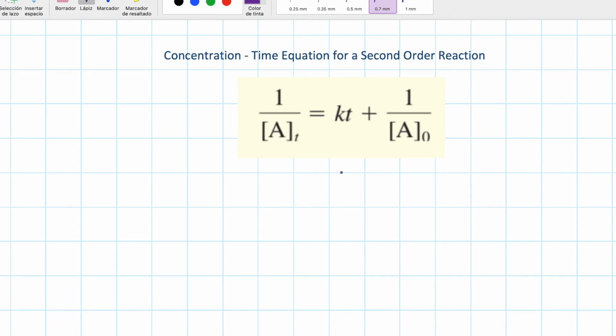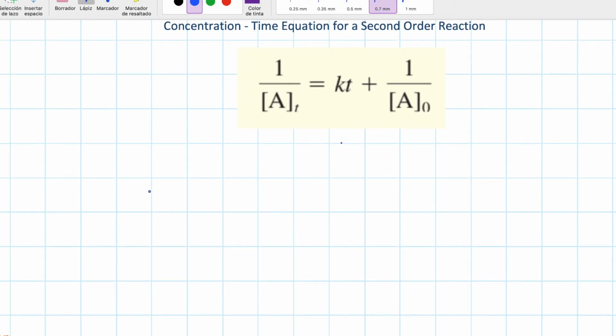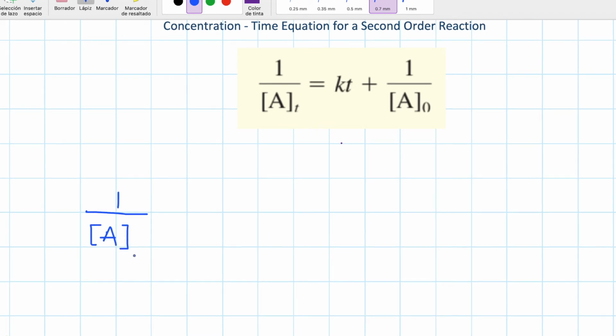Now let's look at the concentration time equation for a second order reaction. So this is what we have. Again, we're solving for T first, and then we're solving for half-life. Okay, so let's see what we got.